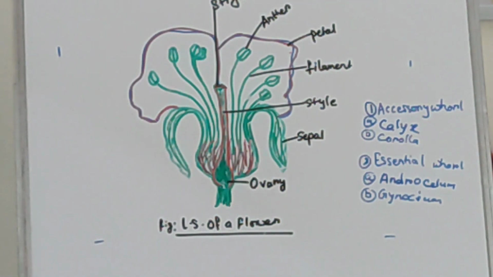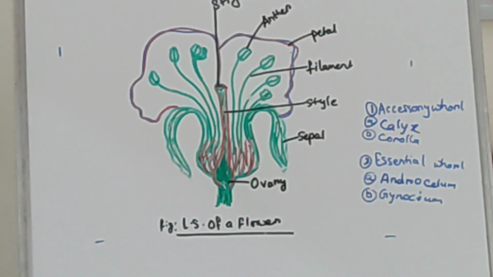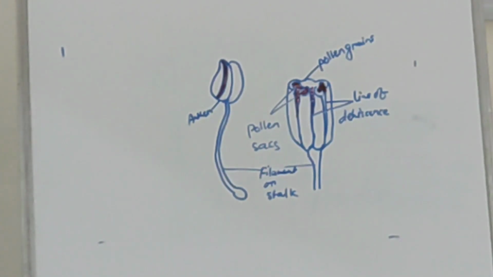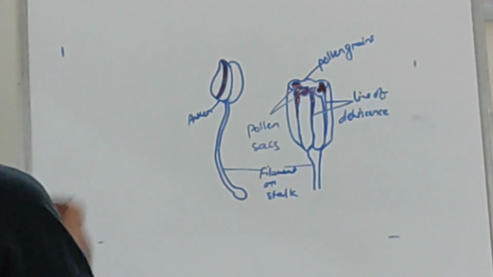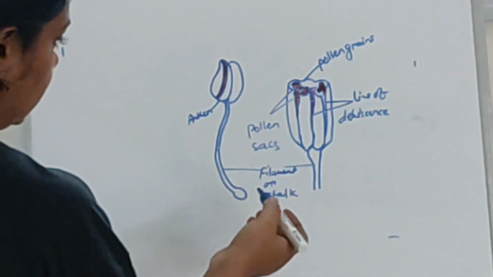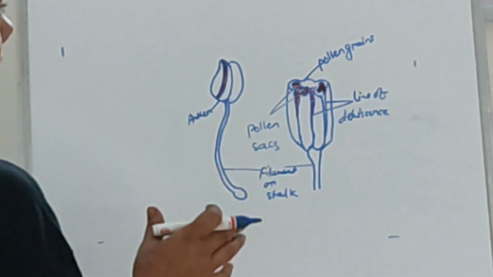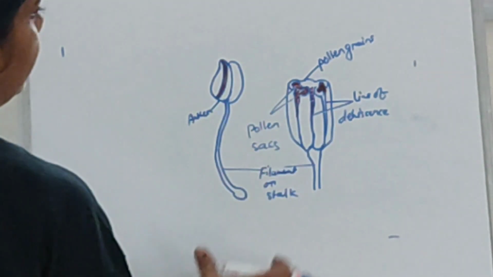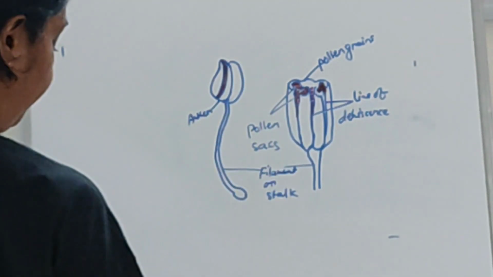Just note down this. Now here you can see that we have made a diagram of the androecium, that is the stamen. Stamen is the male part of a flower.